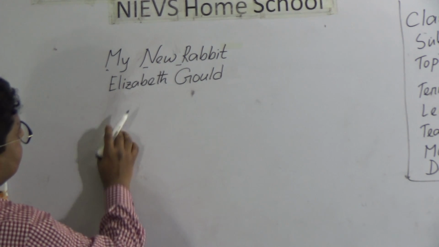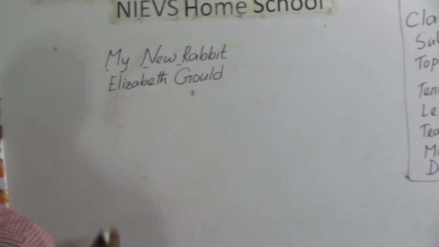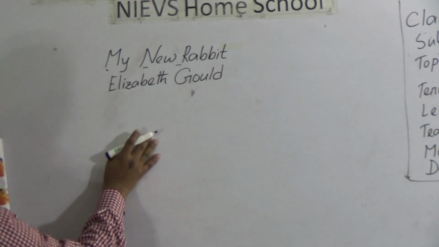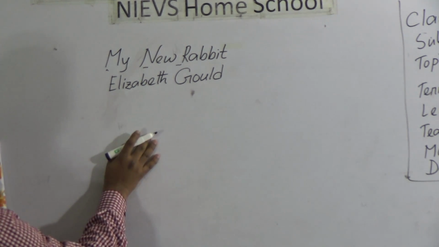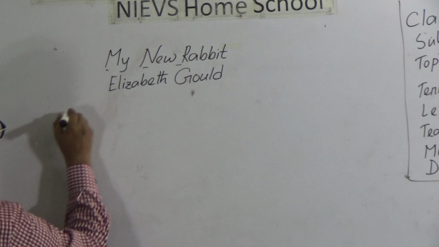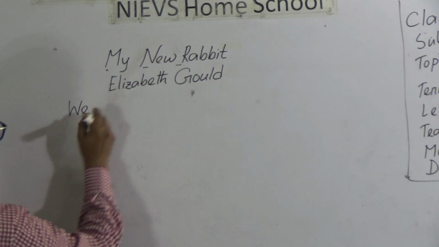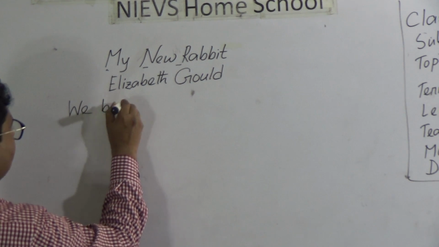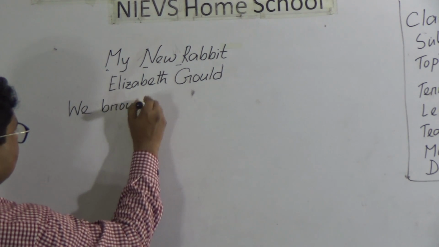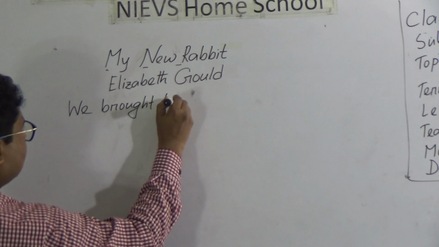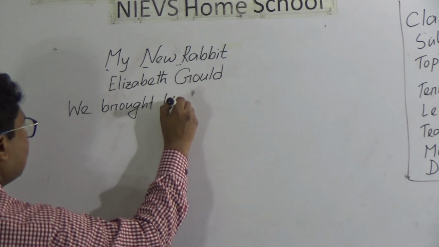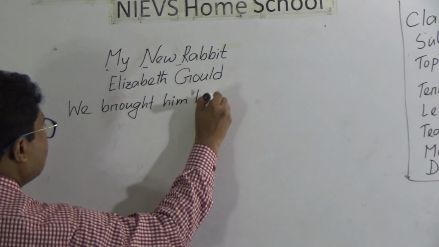My New Rabbit, Elizabeth Gould. So let's write the poem, start writing the poem. We brought him home. You know, the first letter of the sentence starts with a capital letter. So we brought, B-R-O-U-G-H-T.